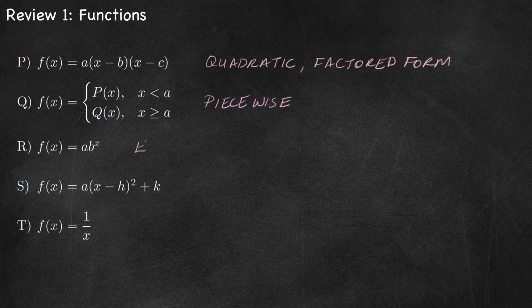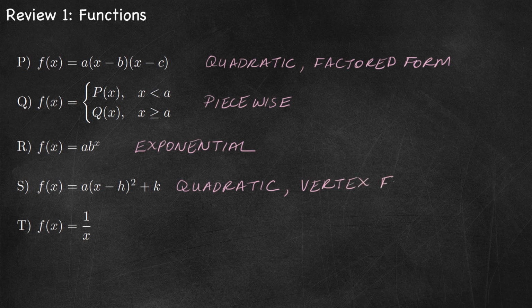Equation R is exponential. F is another quadratic function. This one in vertex form. And equation T is our reciprocal function.